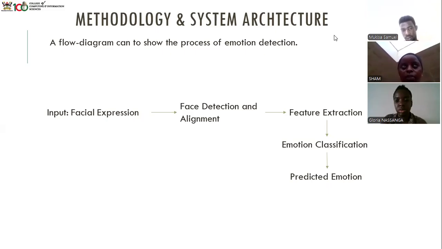After detecting the mood that the user is in, it can align it to a certain disorder or a certain health issue that the user is facing. Then it does the feature extraction, whereby it extracts the features, and then it's able to classify the emotions. Then it predicts the final disorder or the final mood. Then it recommends or suggests songs according to that mood.